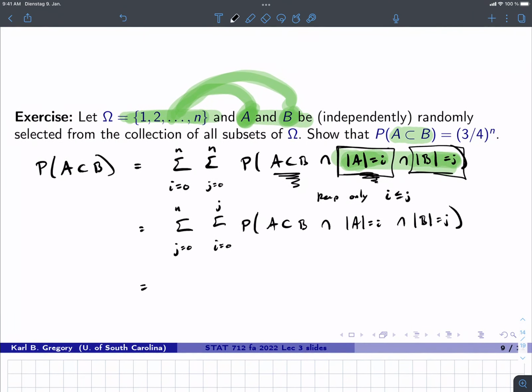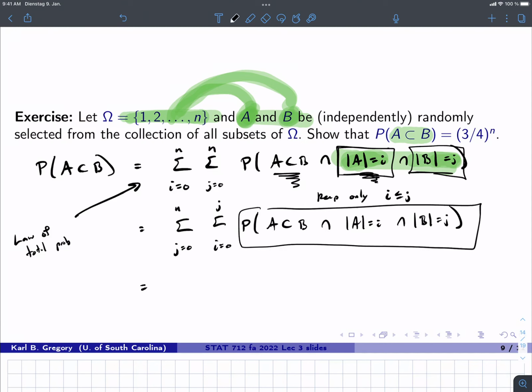So now I still have no idea how to compute this probability and replace it with a number. So let me just remark that this is the law of total probability. I'm going to take this intersection probability and write it as a conditional probability.